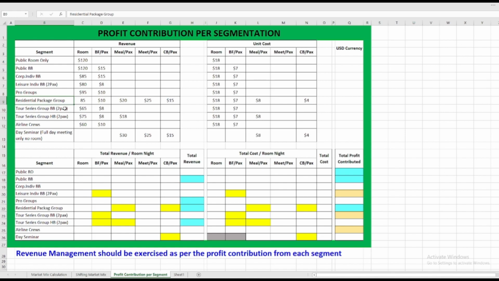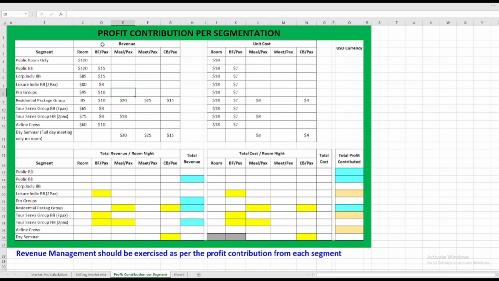Then tertiary group bed and breakfast for 2 persons, which has breakfast plus one other meal, either lunch or dinner. Then airline crew, and day seminar, full day meeting only, no room. That means guests stay outside and come to have a full day meeting in our hotel.